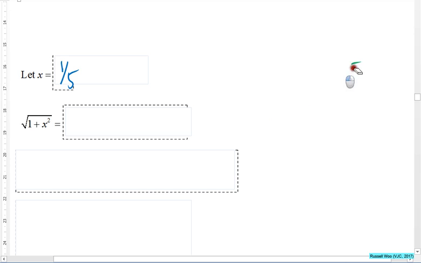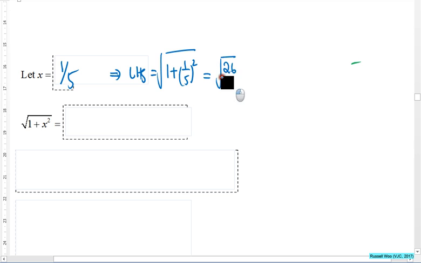If I substitute 1 over 5, my left hand side is square root of 1 plus 1 over 5 squared, which is actually square root 26 over 25, which is square root 26 over 5. Does it make sense?